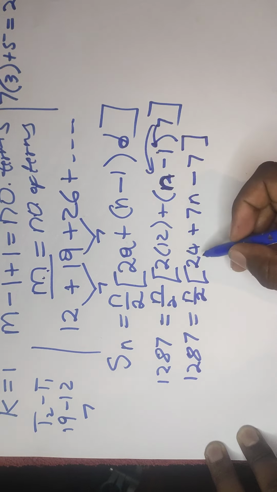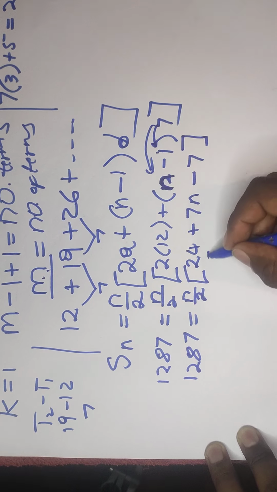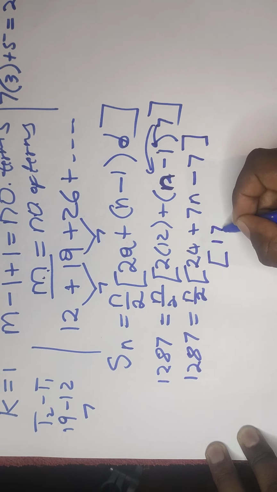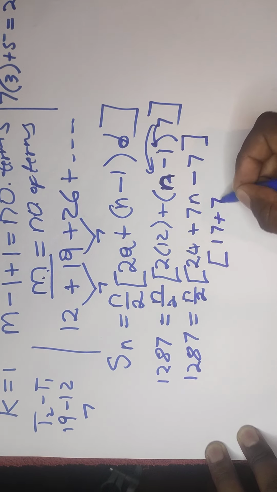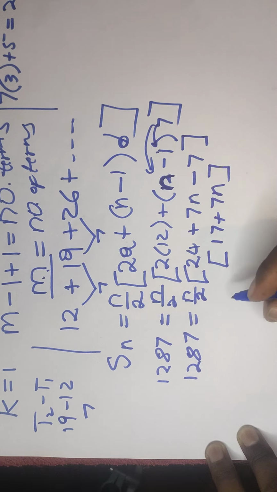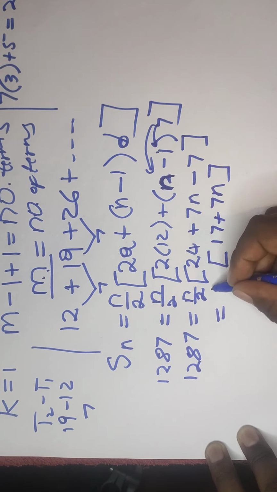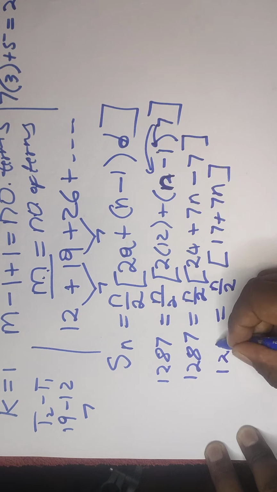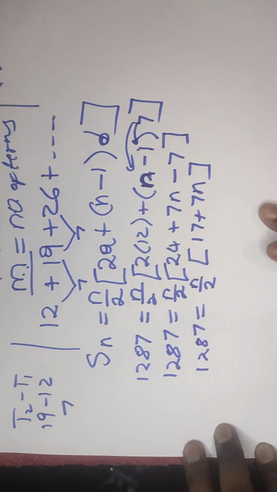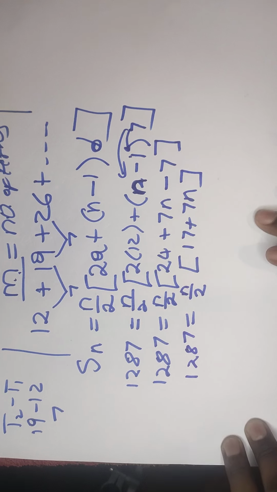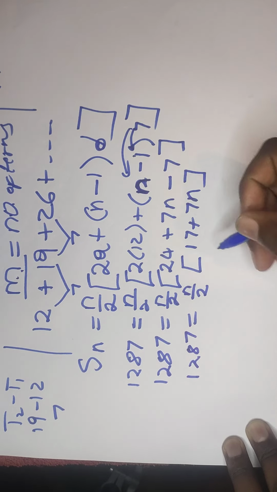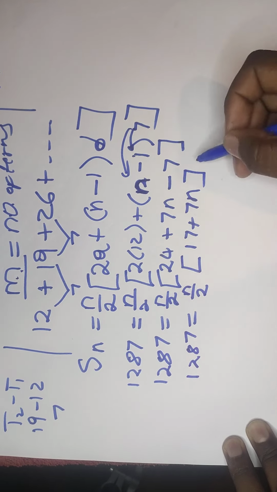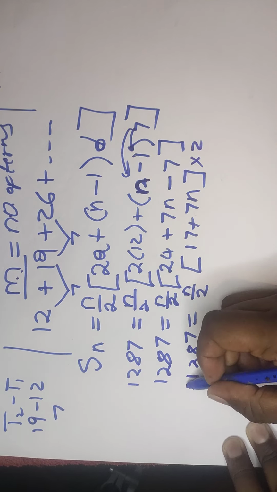And then like terms, 24 minus 7, you'll find that 17 plus 7n is what is left in the bracket there, equal to n divided by 2, 1287 on the left hand side. Right, so now you can just multiply by 2 on both sides.